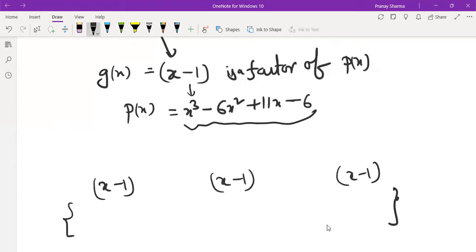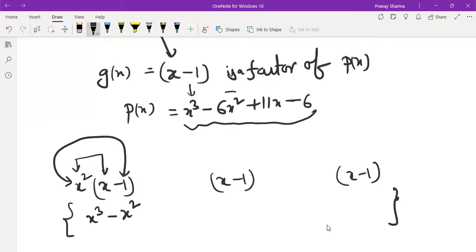You just see the first term. The first term is x cube. How can we have x cube here? When we multiply this with x square, when multiplied with x, you'll be getting x cube. But x square on the other hand is also getting multiplied with minus 1. So we'll get minus x square. Here we need to have minus 6x square, right? Now this part is exhausted. Forget about this part.